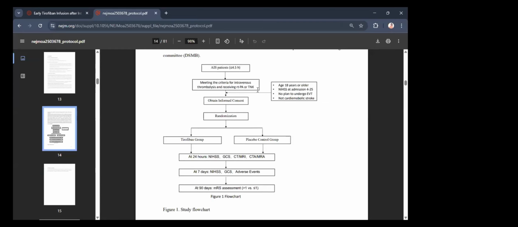And then after that, obtaining informed consent, how randomization was done, and the patients divided into two groups, the tirofiban group and the placebo-controlled group, and then what interventions were given until after the procedure, after the whole protocol at 90 days, how the outcomes were assessed.